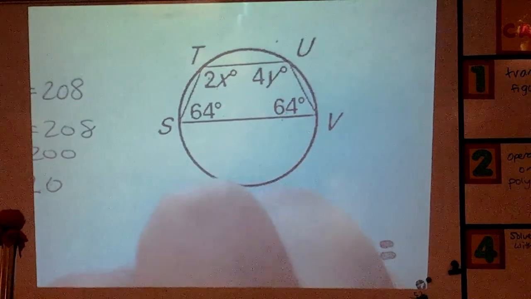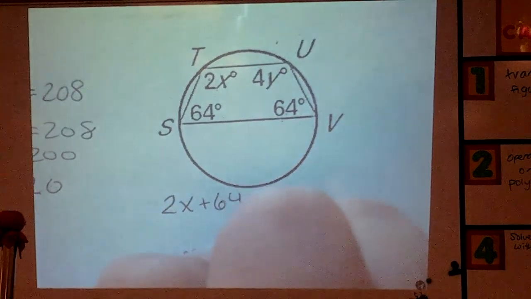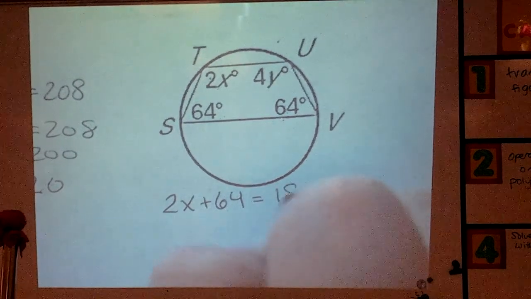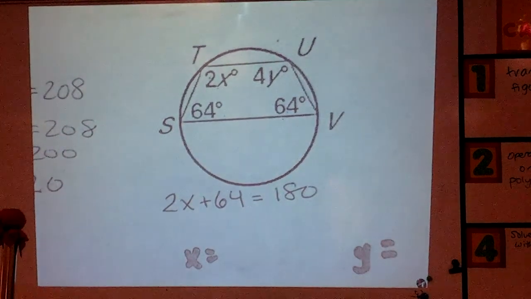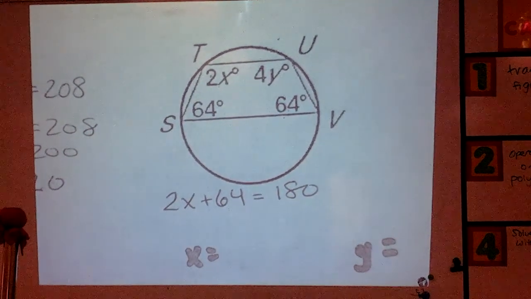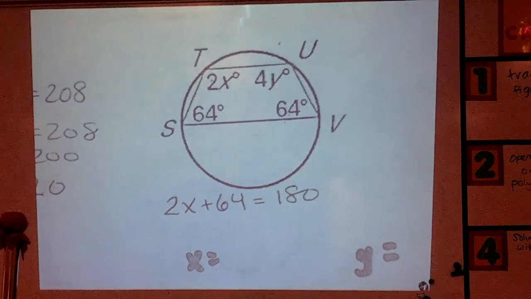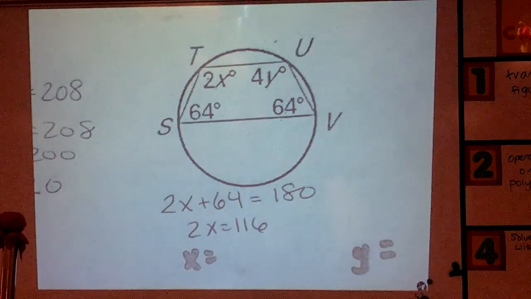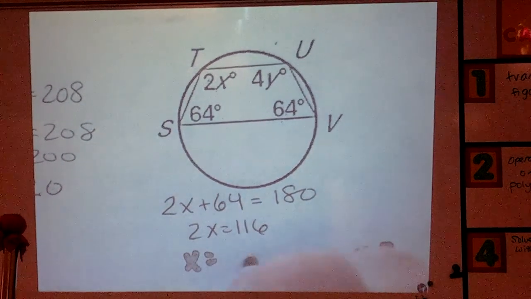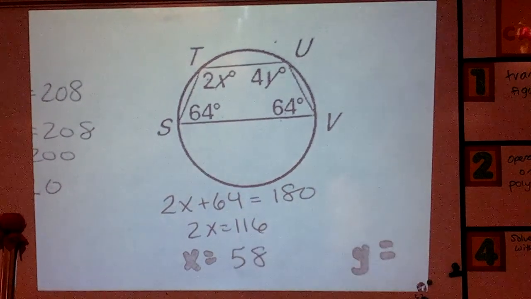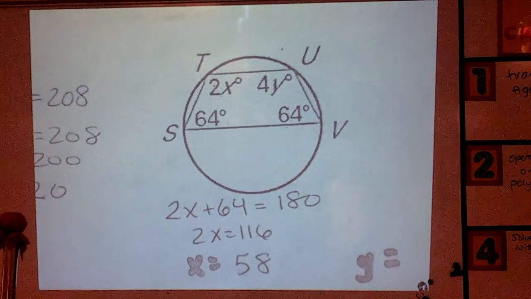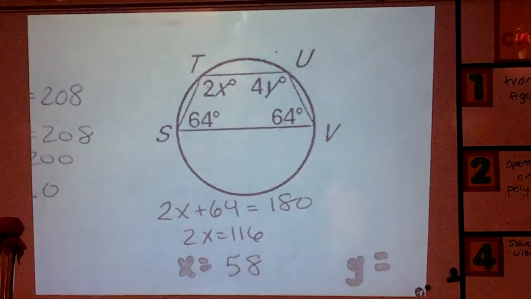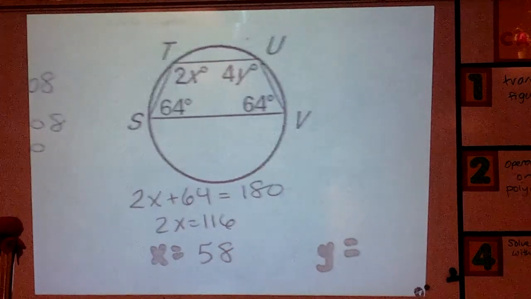So that means 2x plus 64 equals 180. So this is how I'm going to solve for x. Subtract 64, divide by 2. So x equals 58, not the 32 you would have gotten otherwise.